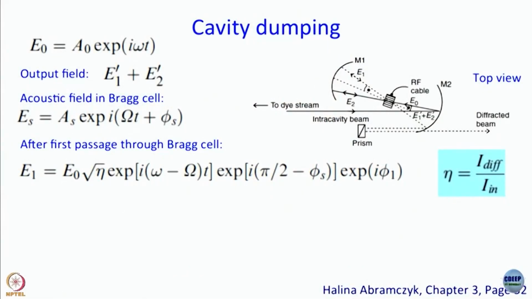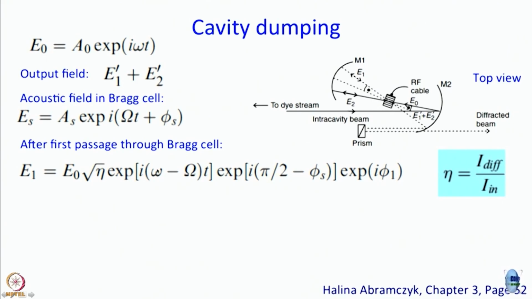Okay. So, after the first pass, light with associated electric field E0 passes through the Bragg cell the first time. Then what happens? It gets split into E1 and E2. So, E1 turns out to be E0 multiplied by square root of eta multiplied by e to the power I omega minus capital omega t.